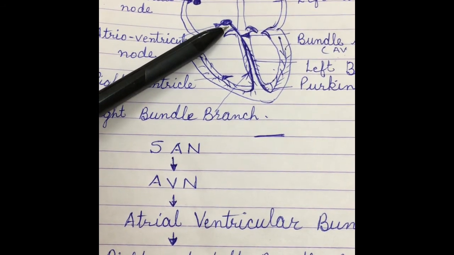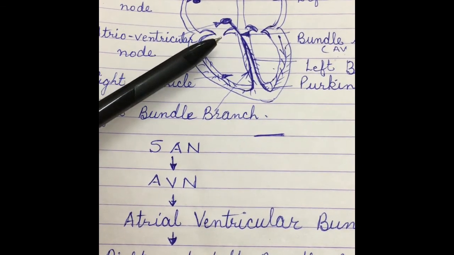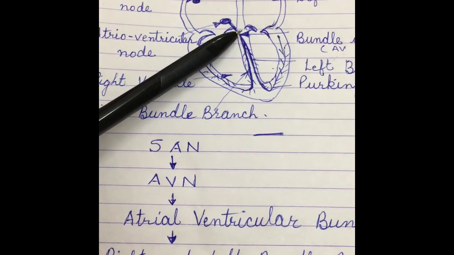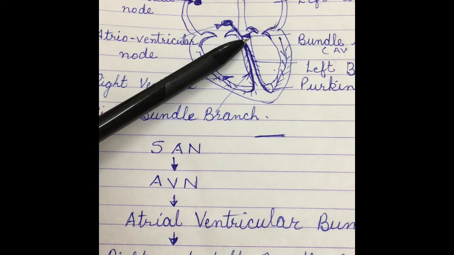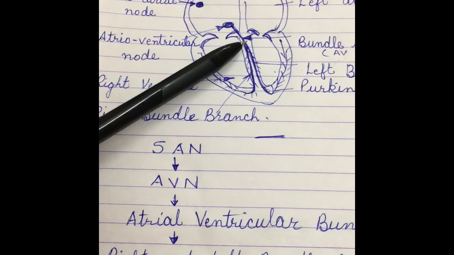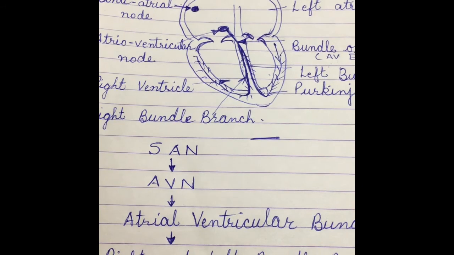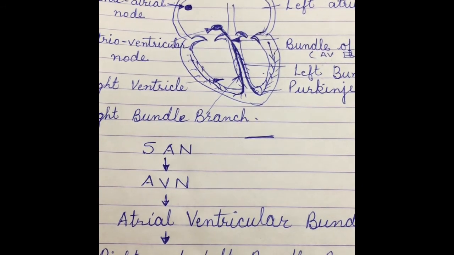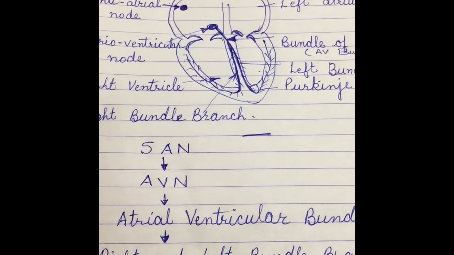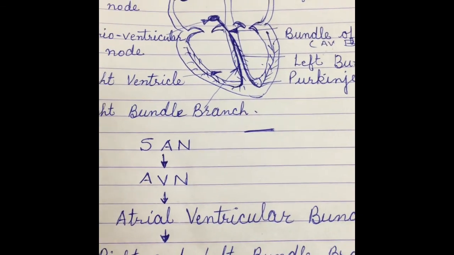Then from the AVN, the fibers originate and pass through the atrioventricular septum and move as the bundle of His, or atrioventricular bundle, the AV bundle. Then this AV bundle further moves and divides into right and left bundle branches. Each branch moves towards the wall of the ventricle and there divides further into Purkinje fibers.